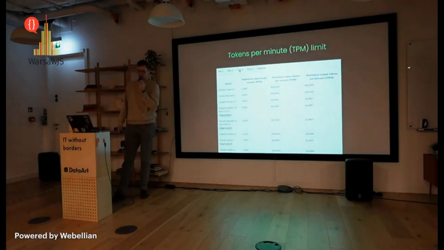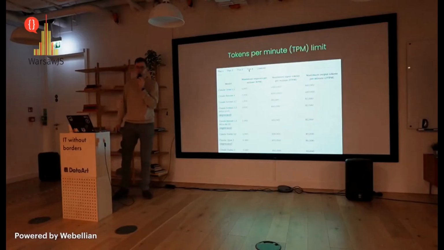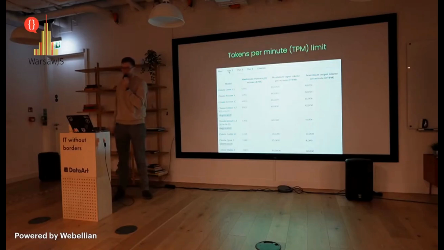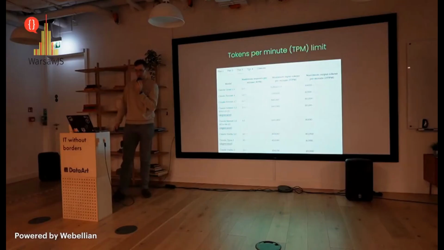The second limit, and this one will be relevant to you when you release your AI app builder, and you will have some real users using your app at the same time. So it basically controls how many tokens you can consume, I would say, in a minute from all users.